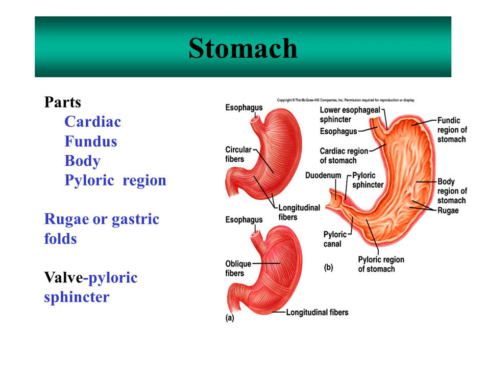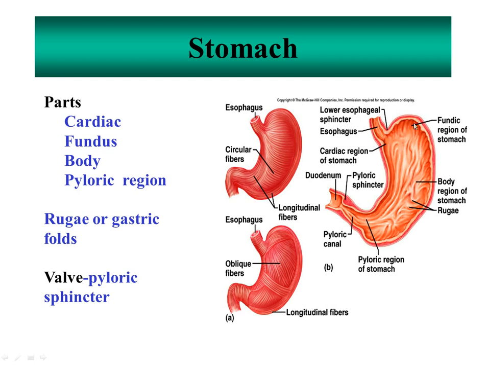Let's continue by looking at the stomach. There's the cardia, the fundus, the body, and the pyloric region. And looking at these areas, this is the lower esophageal sphincter that leads into the stomach. This area is the cardiac region.